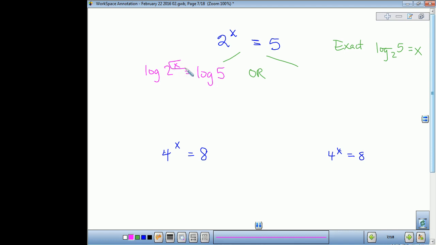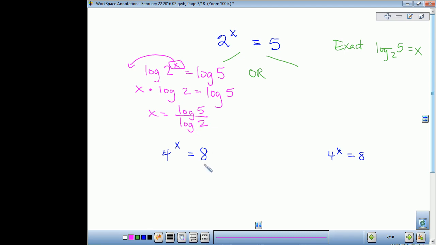Okay, and then what could I do with this exponent? It can come out in front. It sure can. So to solve for x, wouldn't I just divide by log of 2?